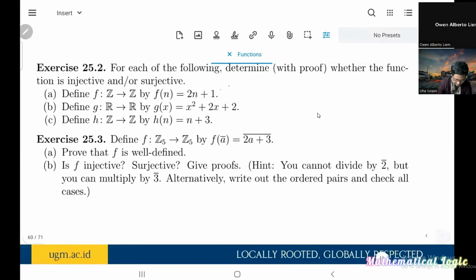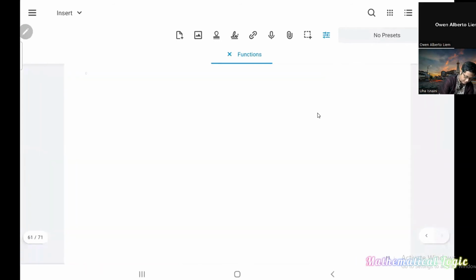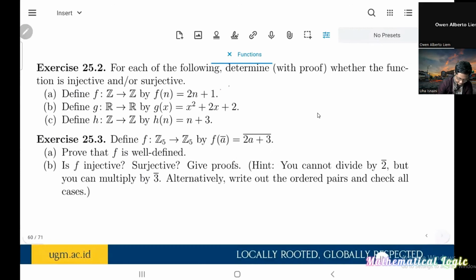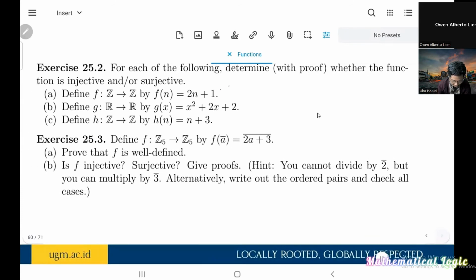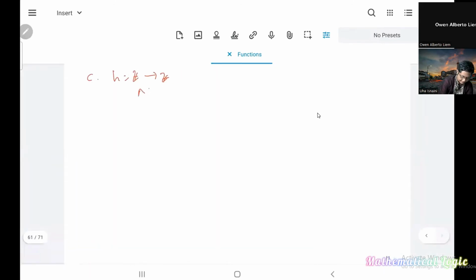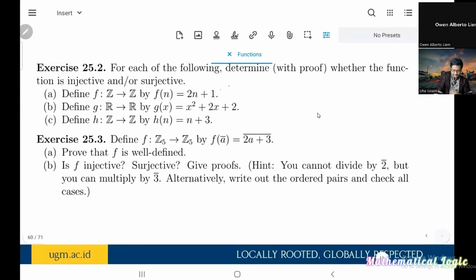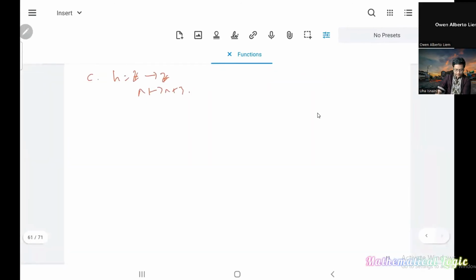The next one is from Z to Z, and then we have n going to n plus 3. So is this injective? It should be yes, right?